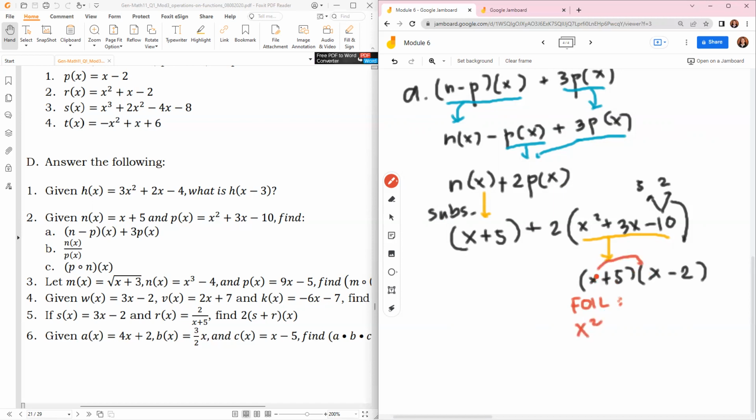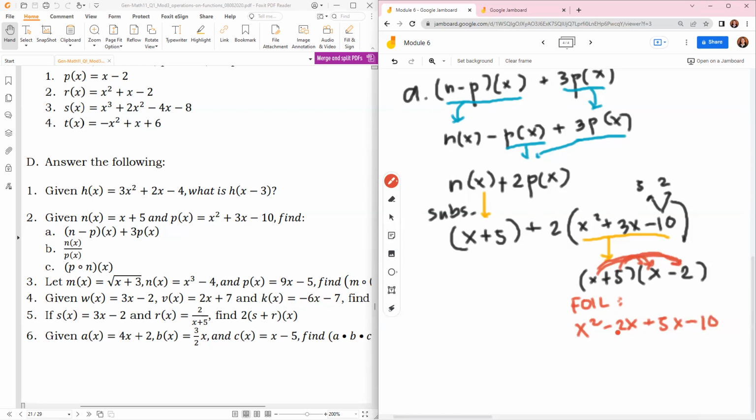And then the outside term, x times negative 2, would be negative 2x. What about the inside? 5 times x would be equal to plus 5x. And lastly, the last term is 5 times negative 2, which would be equal to negative 10.